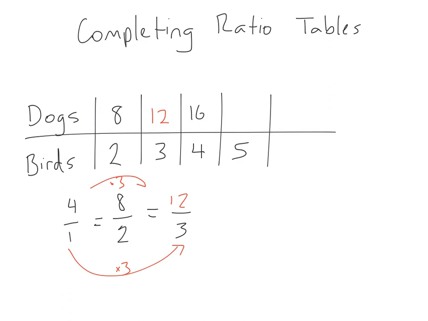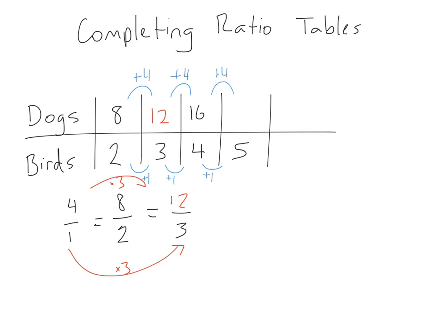So here's another way of looking at ratio tables. We can look at some patterns. We've got this far, and it looks like from there to there to there, I'm adding 1 each time. What's happening up top? From there to there, it looks like I'm adding 4 each time. So what's going to go there?